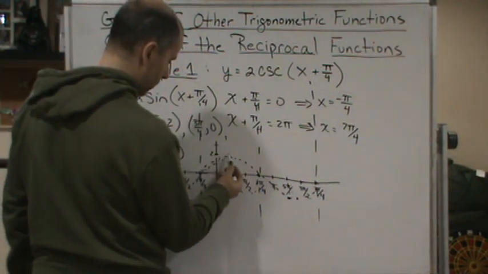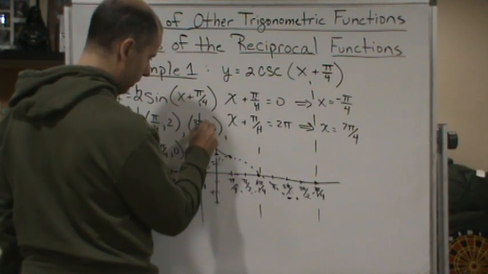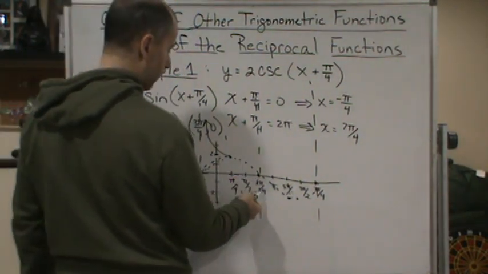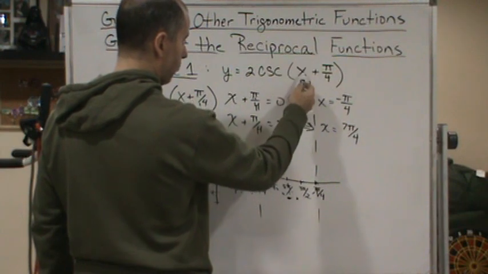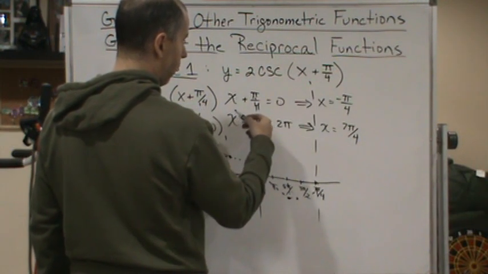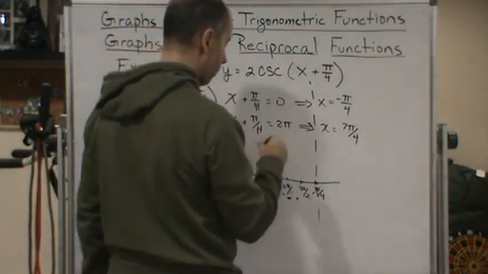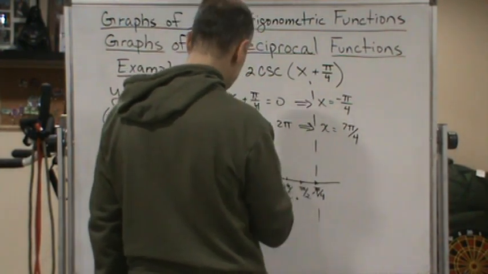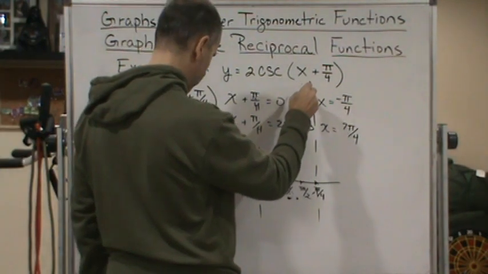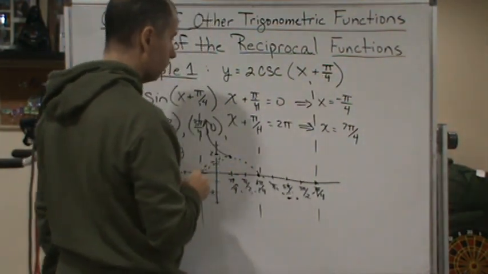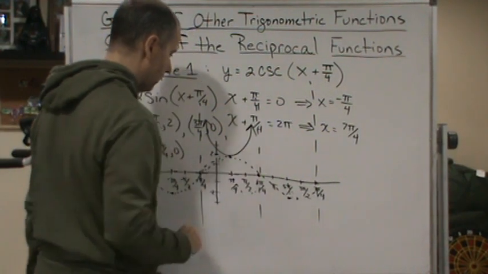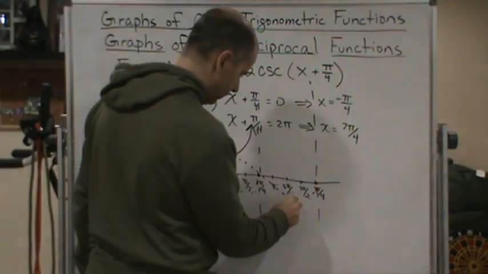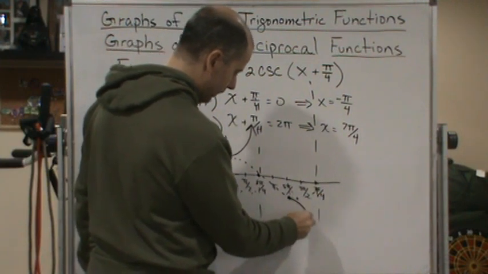It's going from here, going off to positive infinity this way. Now what's happening over here as you get closer to 3 pi over 4? If you plug in 3 pi over 4, you're going to get an asymptote, but also this is going to go to positive infinity. Like that. And then likewise over here, you're going to have something that goes like this.